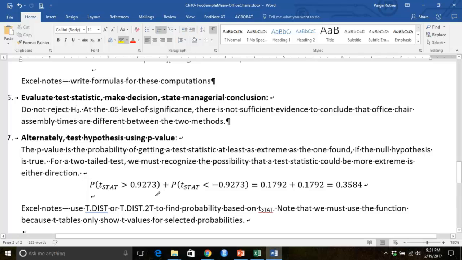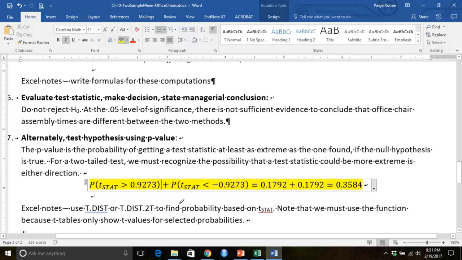So when we compute our p-value, we're computing and summing two different probabilities. And those are the probability of getting a test statistic which is greater than what we did, 0.9273, and adding that to the probability of getting a test statistic less than the negative of that value, so negative 0.9273.